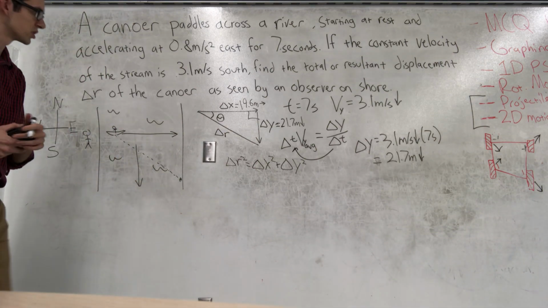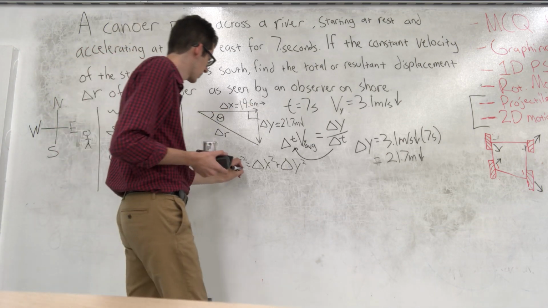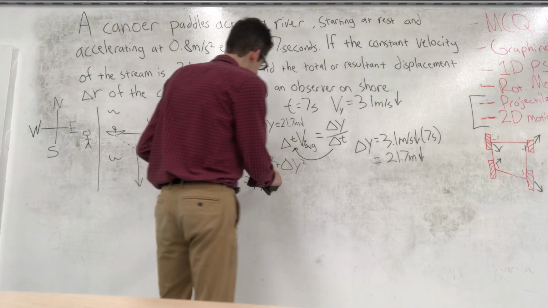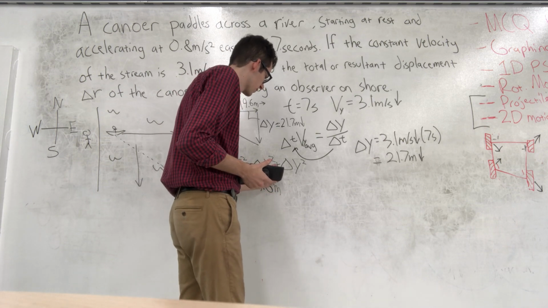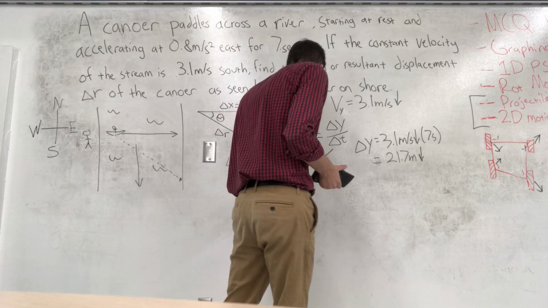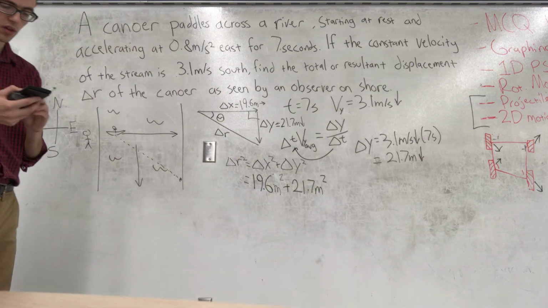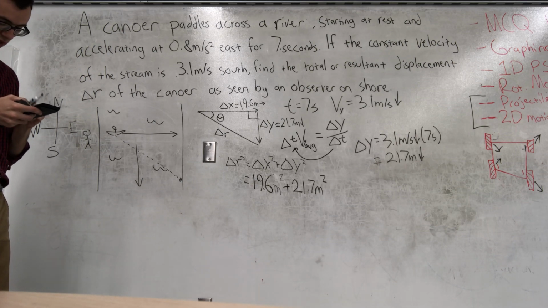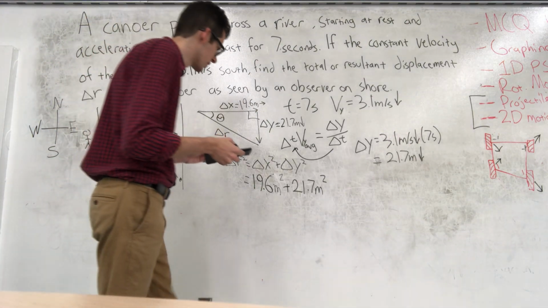So if we add delta x squared to delta y squared, 19.6 squared, and we should keep our units in here just to be correct, 19.6 meters squared plus 21.7 meters squared, that will give us delta r squared. So we'll take 21.7 squared plus 19.6 squared. This gives us 855.05.